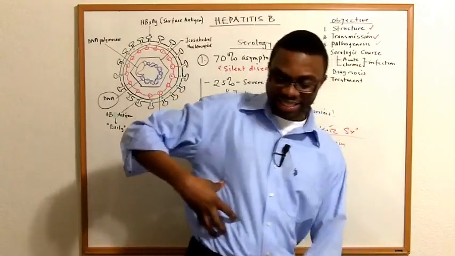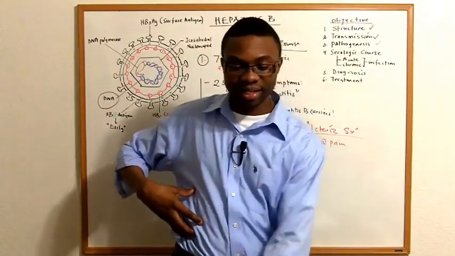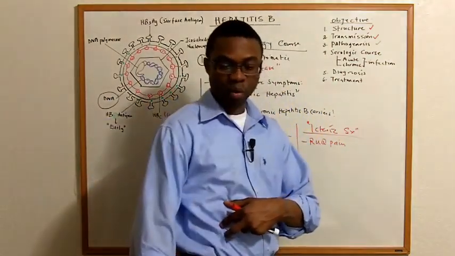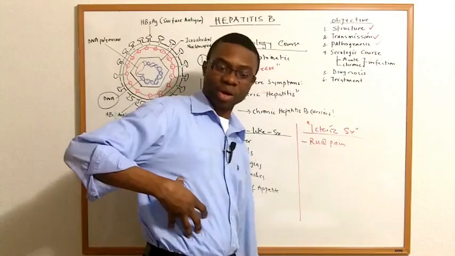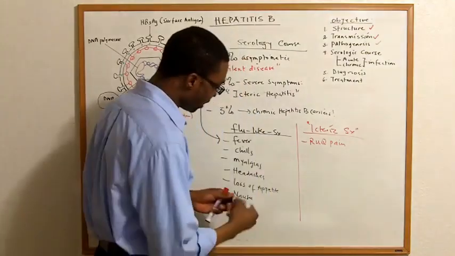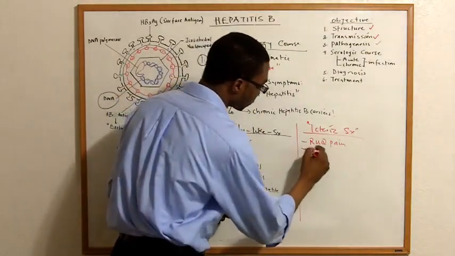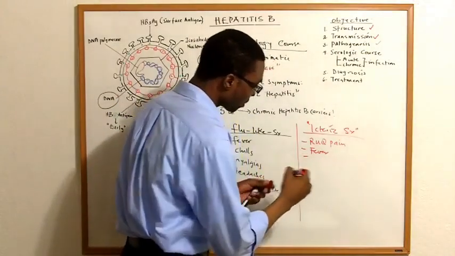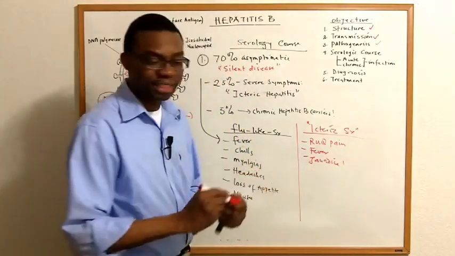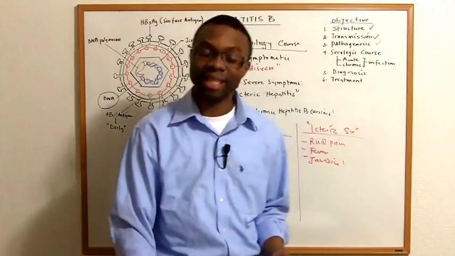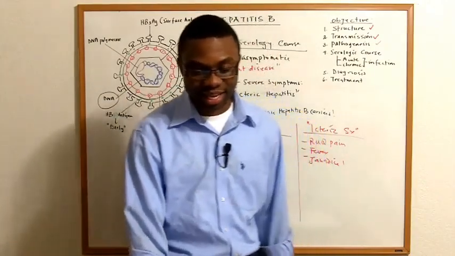Because this is exactly where the liver is. The liver is in the right upper quadrant. They will have fever. They'll be jaundiced. They'll have yellow manifestations in their eyes and their skin.